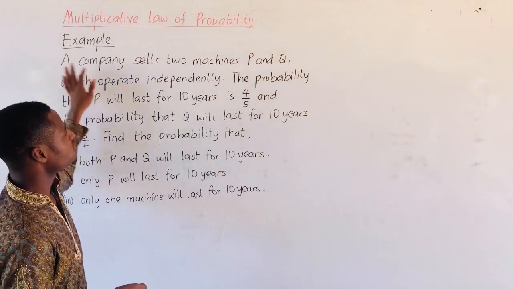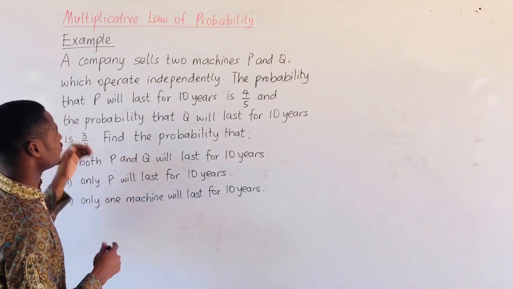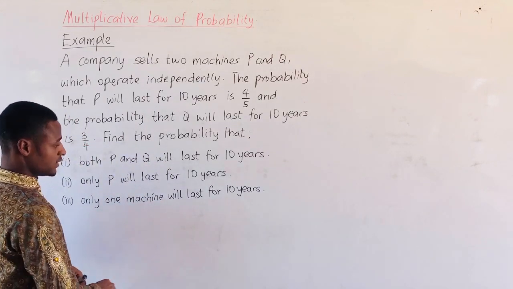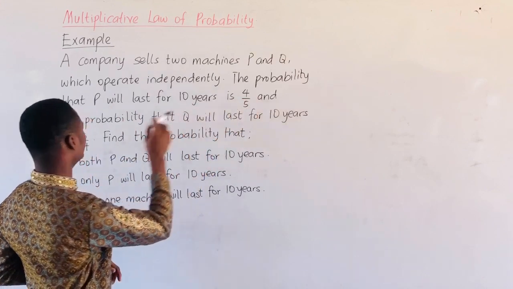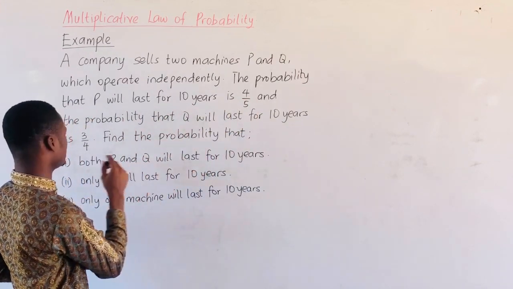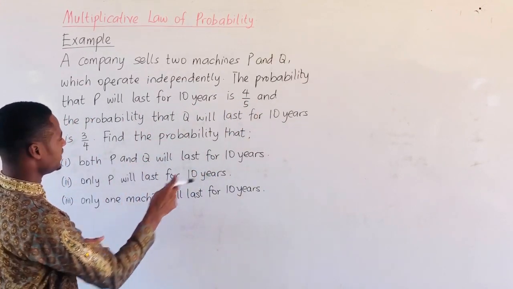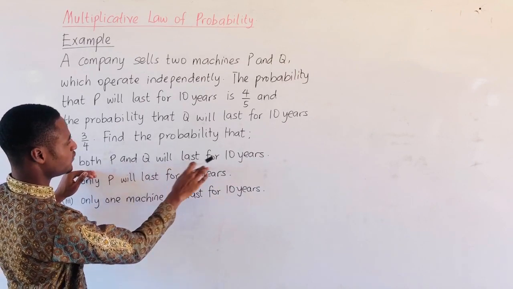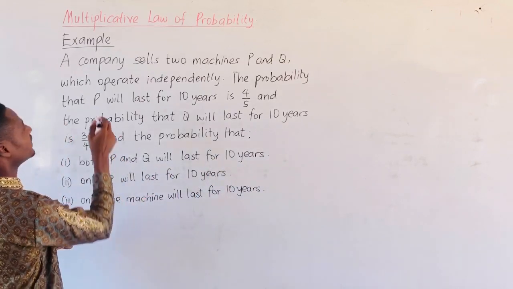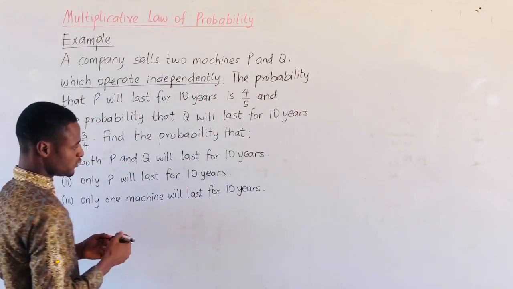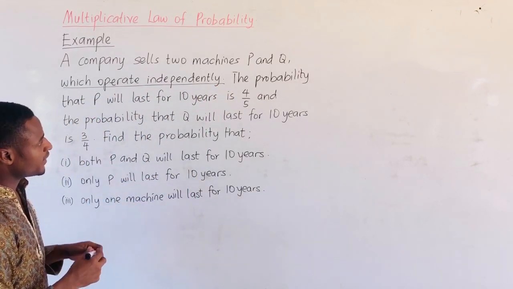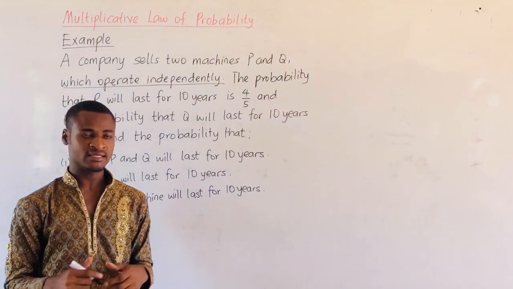A company sells two machines P and Q, which operate independently. The probability that P will last for 10 years is 4/5, and the probability that Q will last for 10 years is 3/4. Find the probability that both P and Q will last for 10 years. Now, the machines operate independently, so we will say that this is the probability of two independent events.